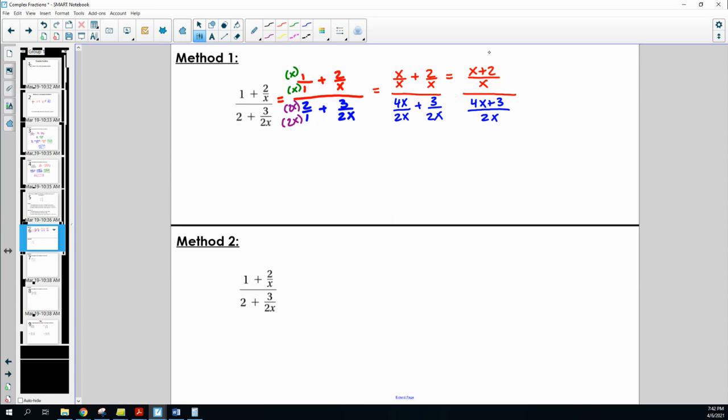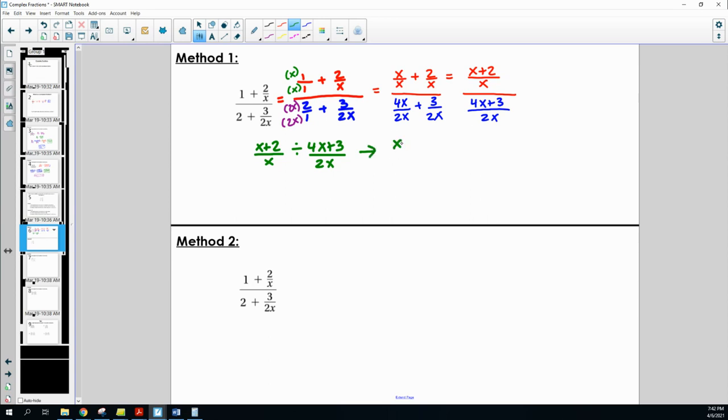And now I have one fraction over one fraction. And that's the goal that we want to have. And then once we have that, we're just going to set it up as a division problem. So x plus 2 over x divided by 4x plus 3 over 2x. Okay, then we're going to stay, switch, flip it.